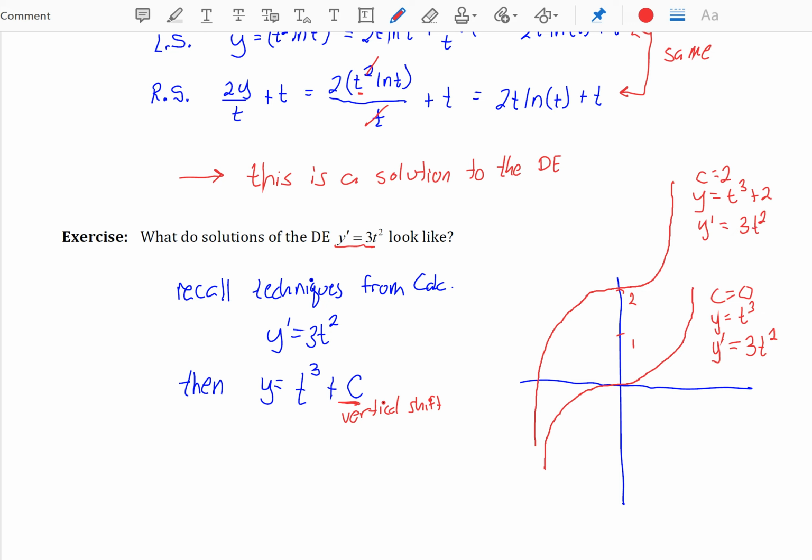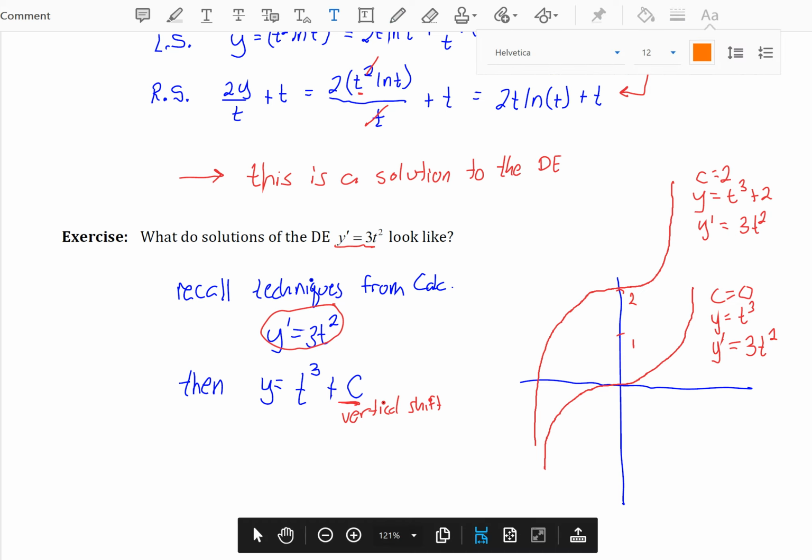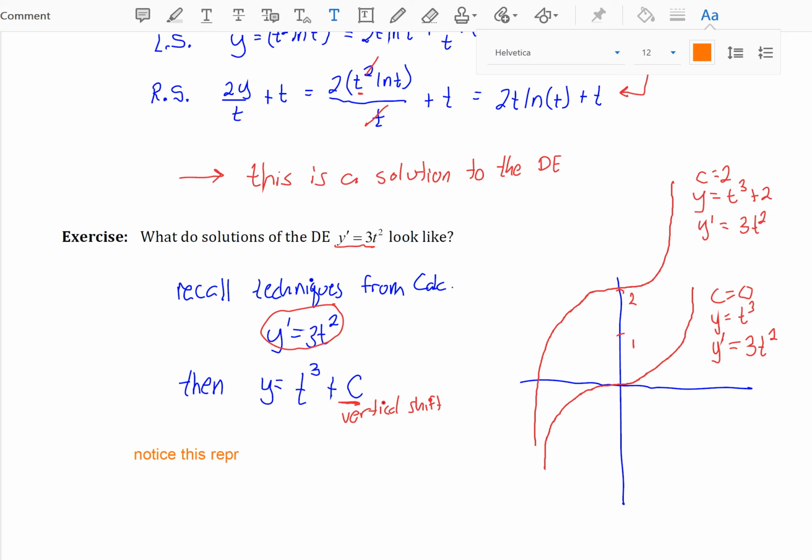So observe that when I give you a differential equation, there can be an infinite number of solutions that vary by a constant. So from this example, what we would like to notice is that y equals t cubed plus c represents a family of solutions that differ by a constant.